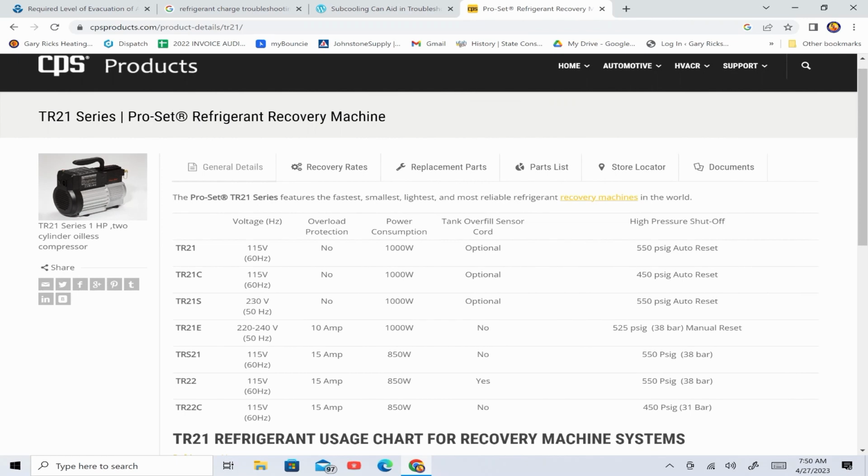High pressure shut off on the TR21 is 550 psi with an auto reset. Go ahead and bring it back to our lab.